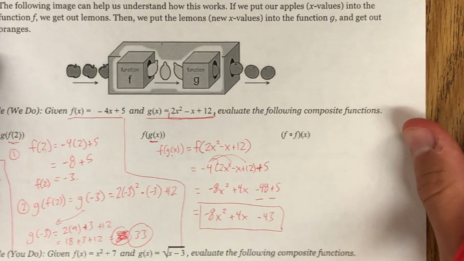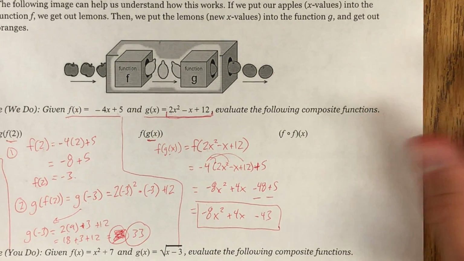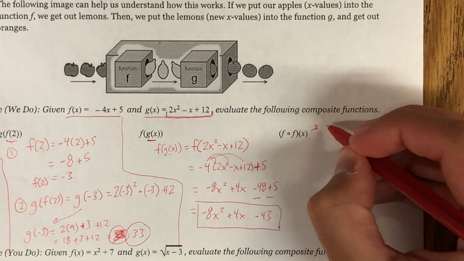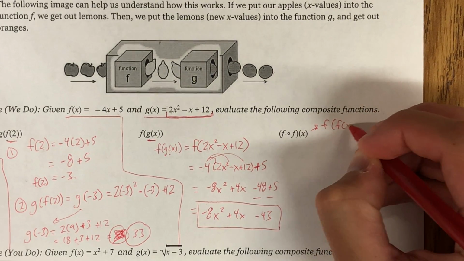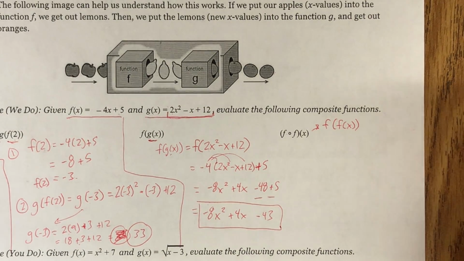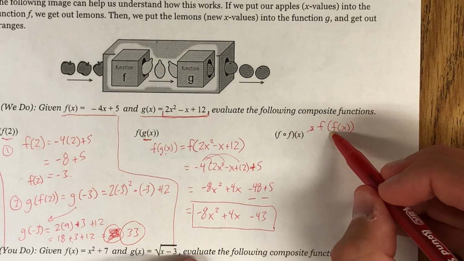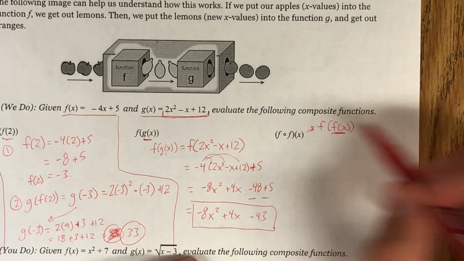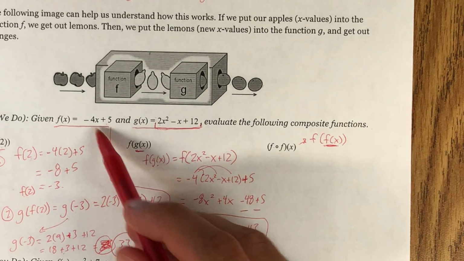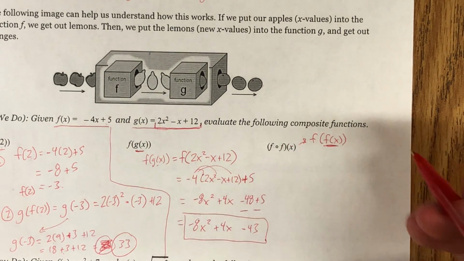Okay. Last one here, we have the other notation, f of f of x, which means the same thing as f composed with f of x, so you can write it in either way. So what this is saying is that we are now plugging in f of x for x in f of x. It's a little weird. So we know that f of x is equal to negative 4x plus 5.